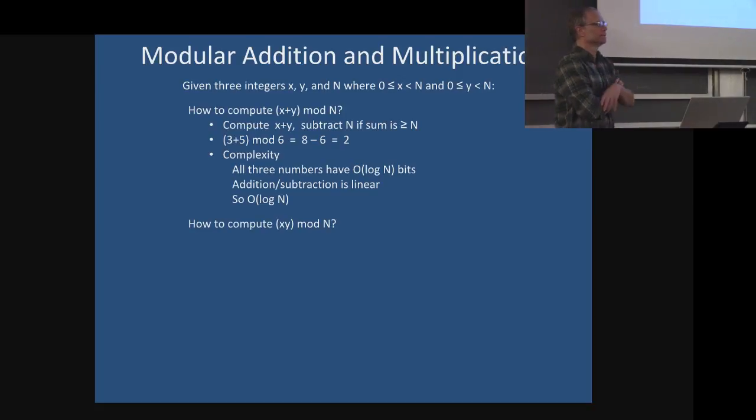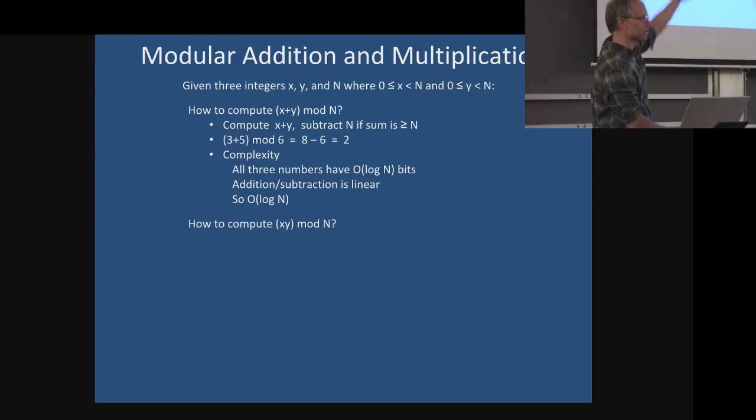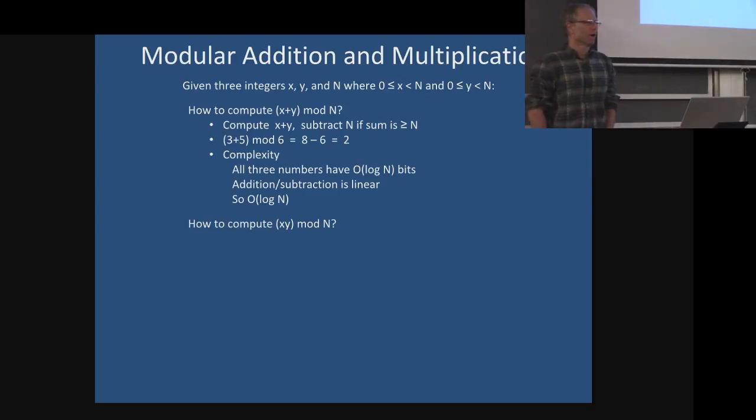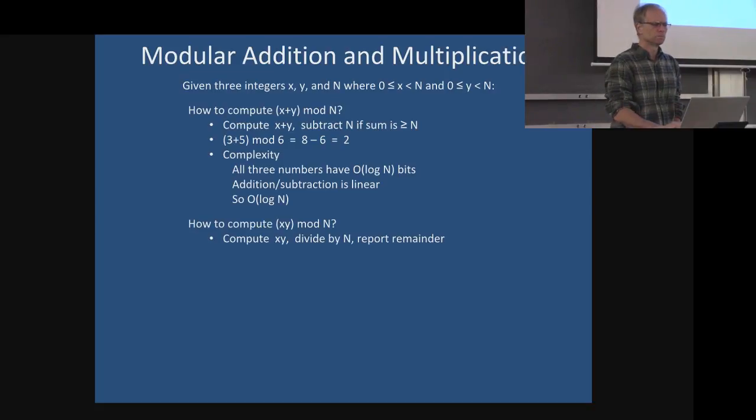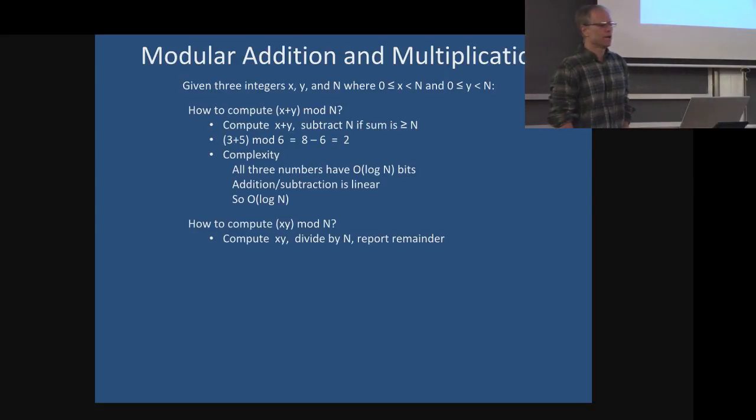What would be better? There's no point in distributing the mod, since x is already assumed to be less than n. So instead of subtracting, just divide. We do a multiplication and then a division to get the remainder. So you do x times y, you divide by n, and you report the remainder. That's the answer.